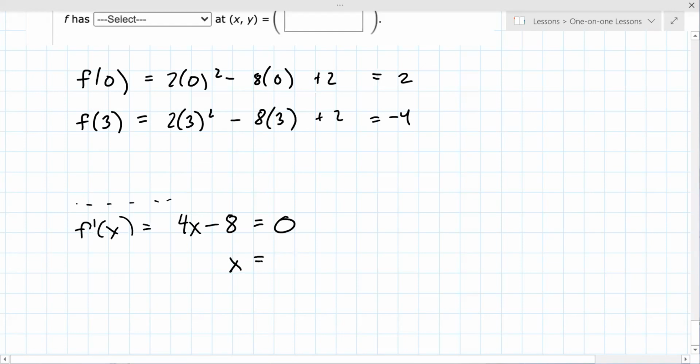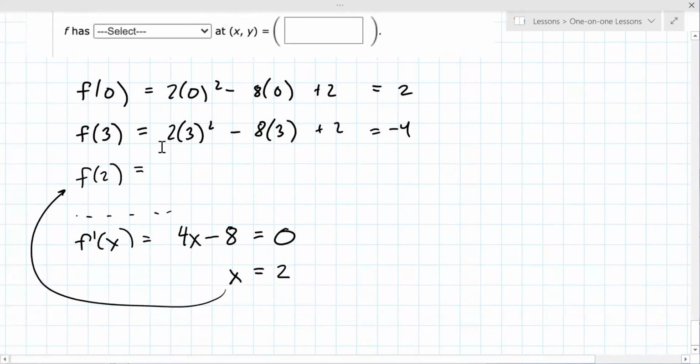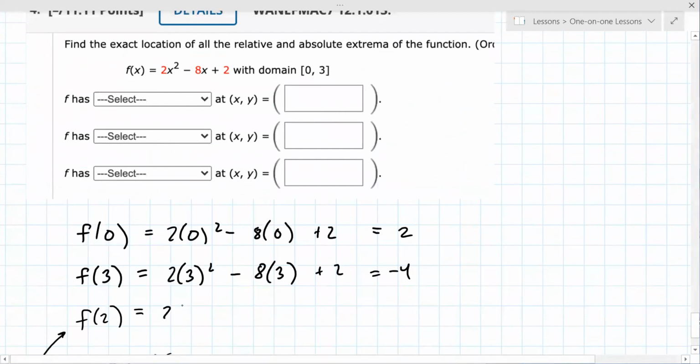When x equals 2. So now you go back up here and you find f of 2. You have to go back to the original function, 2 times 2 squared minus 8 times 2 plus 2. So that's 8 minus 16, so that's minus 8 plus 2, so that's also minus 4.